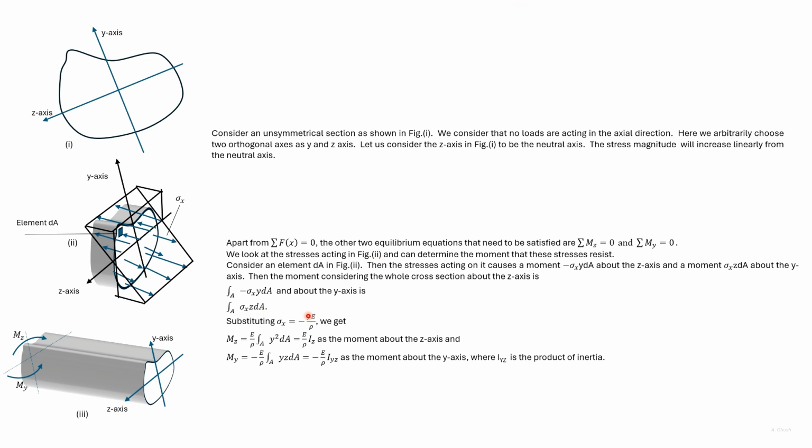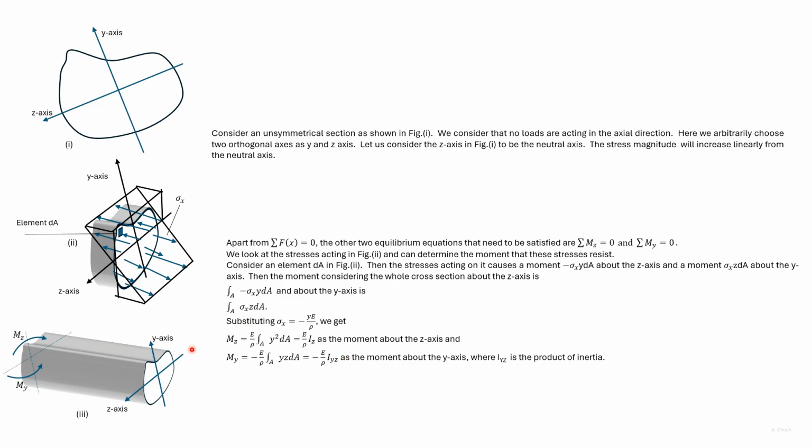We substitute sigma x is equal to minus y into E divided by rho. Then we find that the moment that these stresses create about the z-axis is E divided by rho into Iz, and the moment that these stresses create about the y-axis is minus E by rho into Iyz.